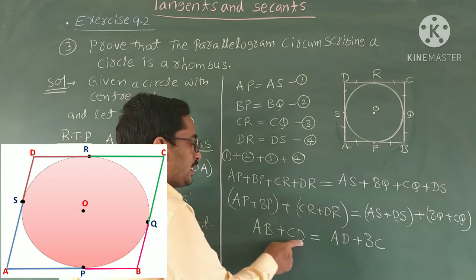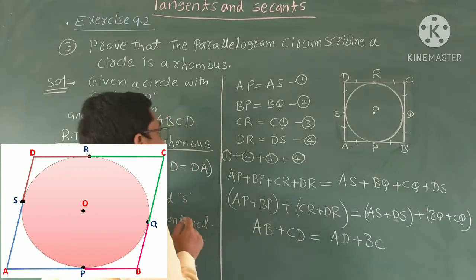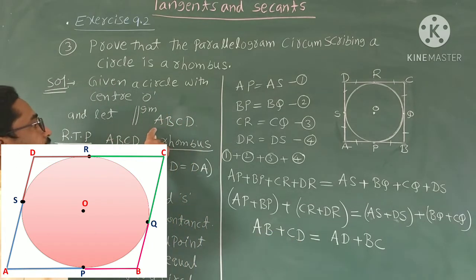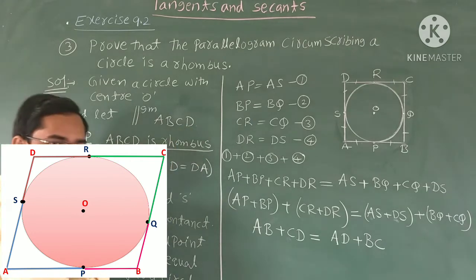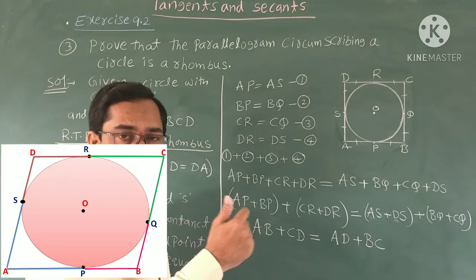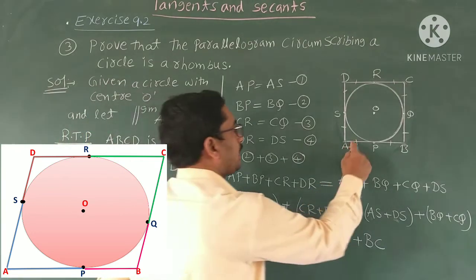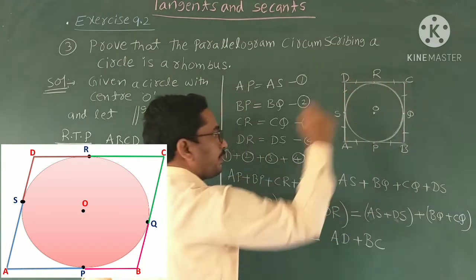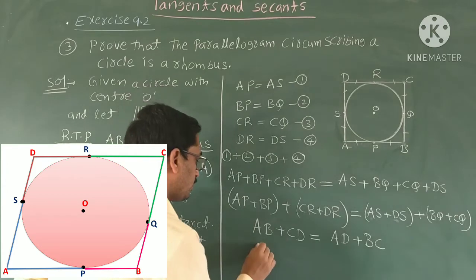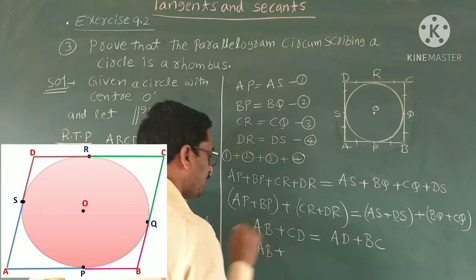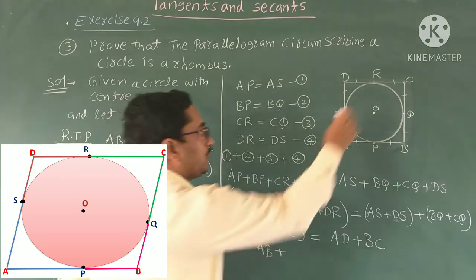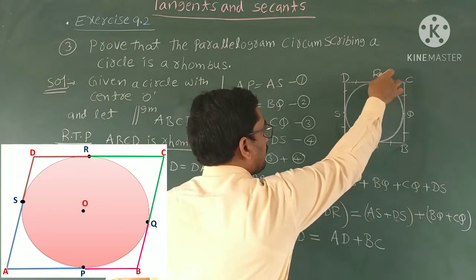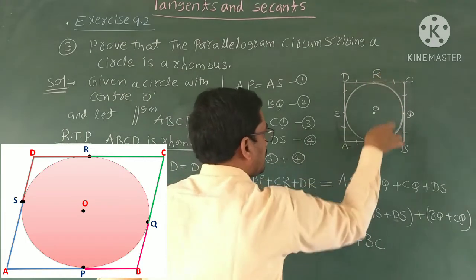What is the value of CD? See, ABCD is a parallelogram. If it is a parallelogram, then pairs of opposite sides are equal. So AB equal to CD. Put AB as it is, and instead of CD write AB, because in a parallelogram opposite sides are equal.